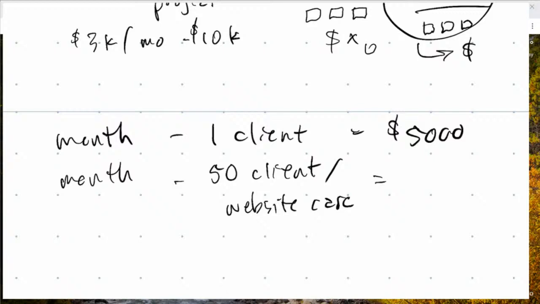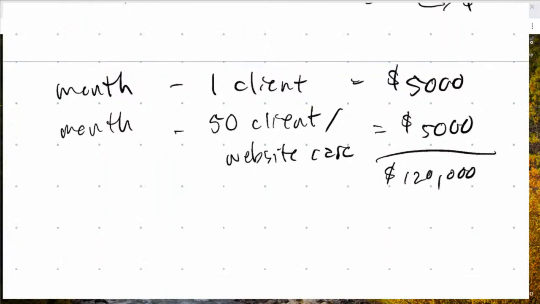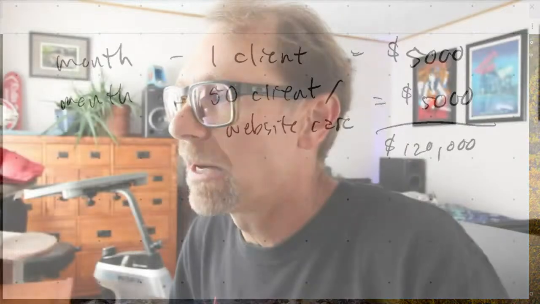What are we talking about there? 50 clients at $100. So right there, you're talking about a six-figure income, right? And that's what I've developed in my website business. Easy to manage. And the way that I've done it is by leveraging WordPress and leveraging other providers like hosting.